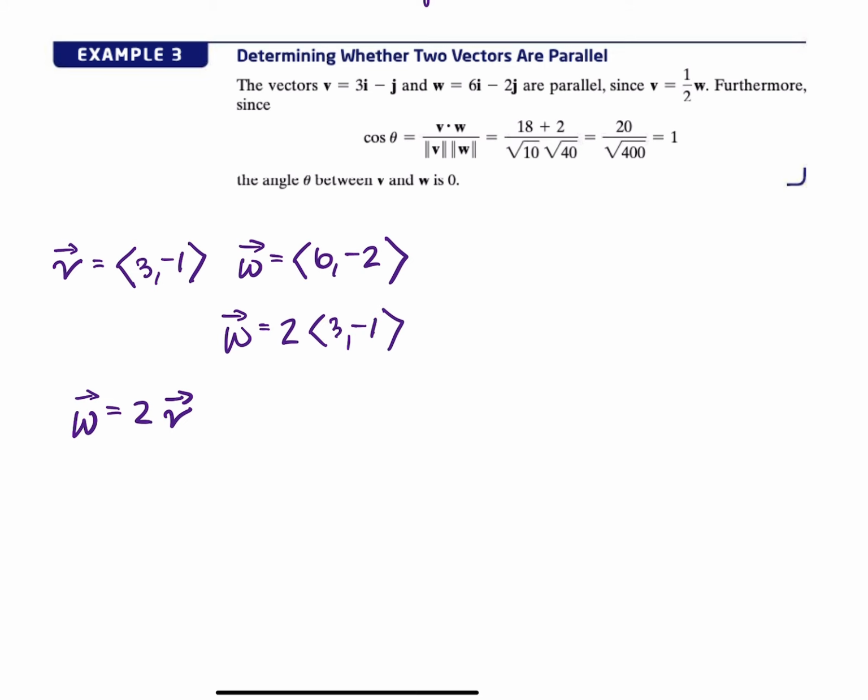But we could also use the angle between them, and so that's what they have worked out here as well. So v dot w gives us 18 plus 2, which is 20, over magnitude of v times the magnitude of w. They've worked out the magnitudes as root 10 and root 40.